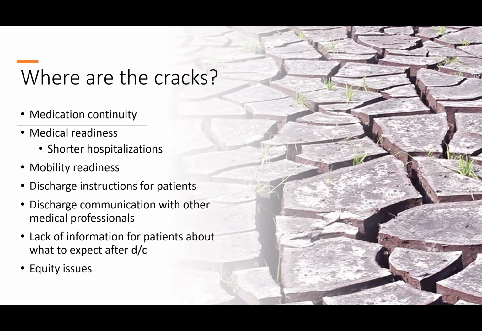And then there's the lack of information for patients about what to expect after discharge. As an inpatient team, we often don't think too much about it. We say you're going to go to a skilled nursing facility, and it's a big black box for many people that we don't think too much about, so we also don't tell patients much about it. And then, of course, there are equity issues with who gets access to the best transitions and the best care afterwards.